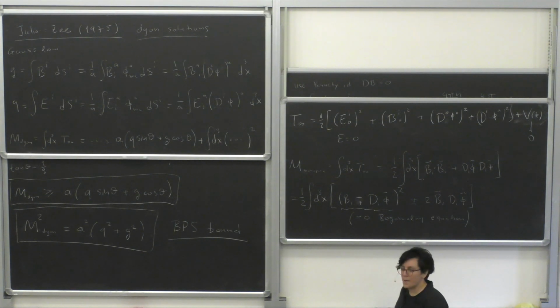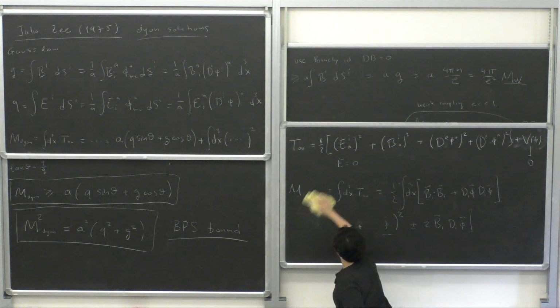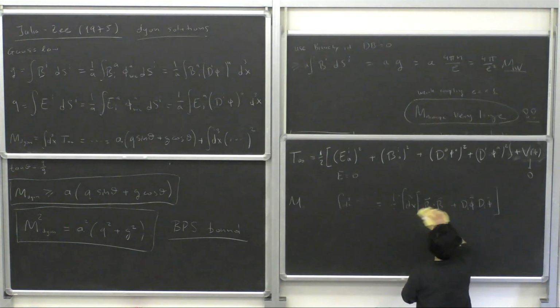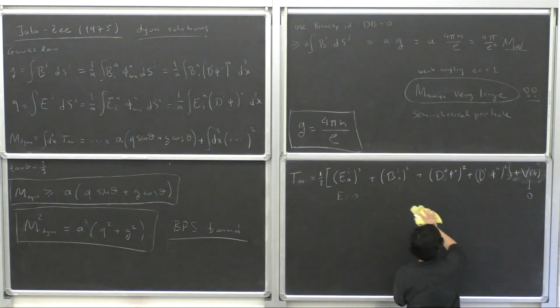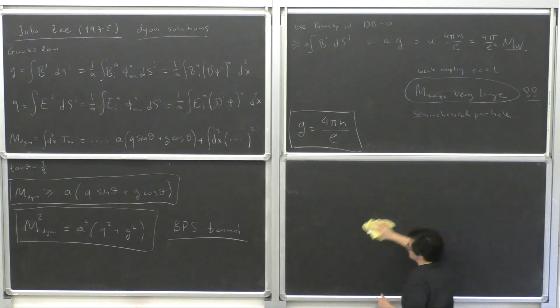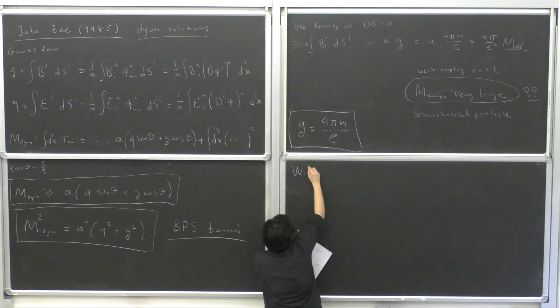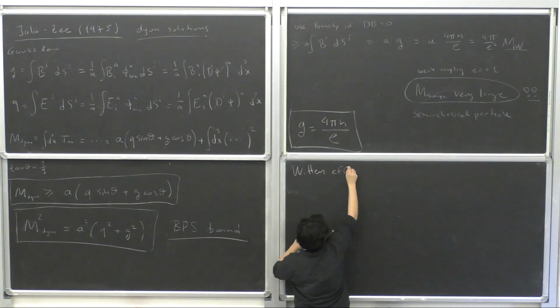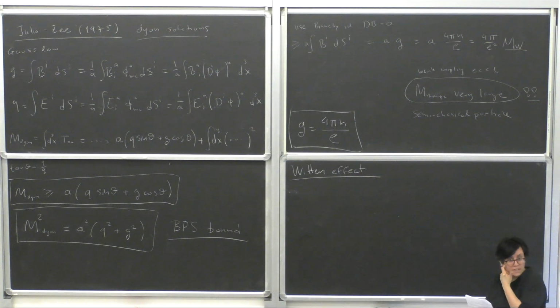Okay, if we are happy, I will tell you about the Witten effect. So the Witten effect is what happens when we turn on the theta parameter, the CP violating theta parameter, and we will see that something happens.